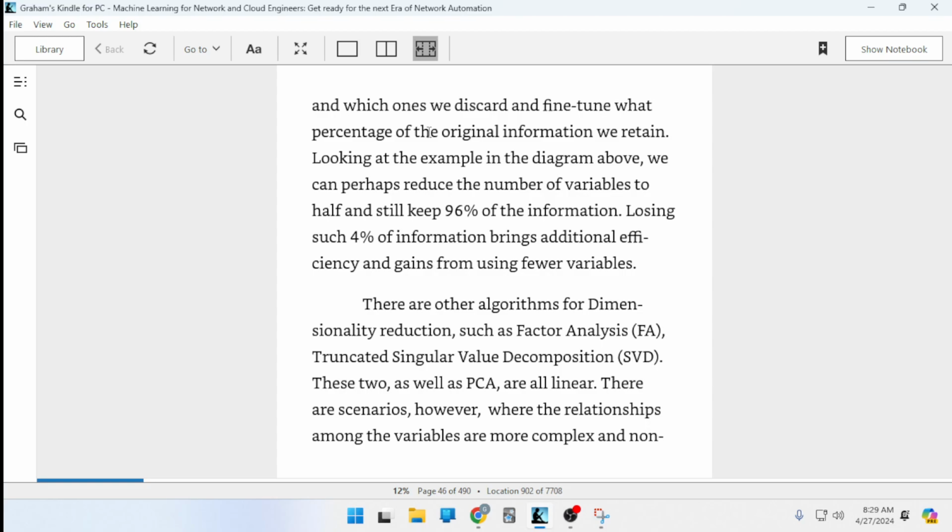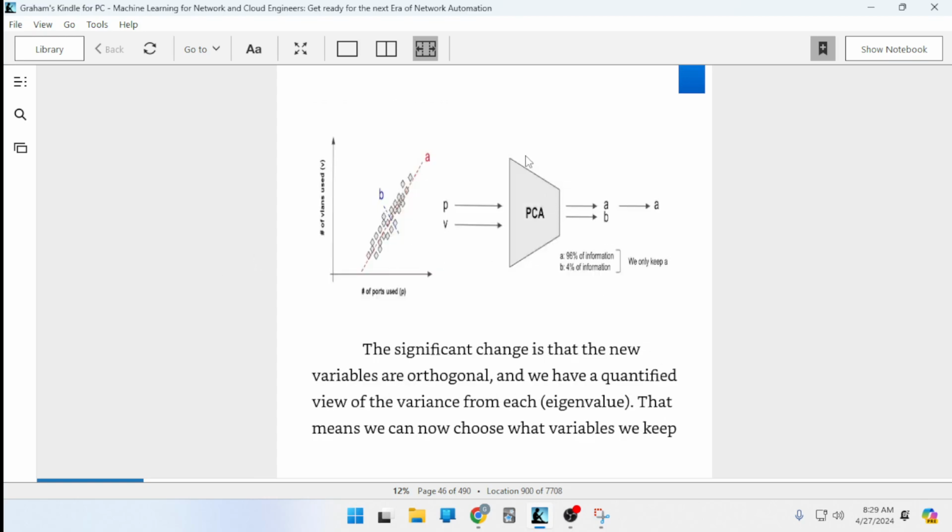Looking at the example in the above diagram, we can perhaps reduce the number of variables to half and still keep 96% of the information. Losing such 4% of information brings additional efficiency and gains from fewer variables. So I'll bookmark this, and I want to hear what ChatGPT has to say about this.